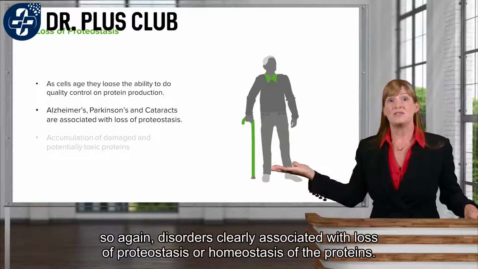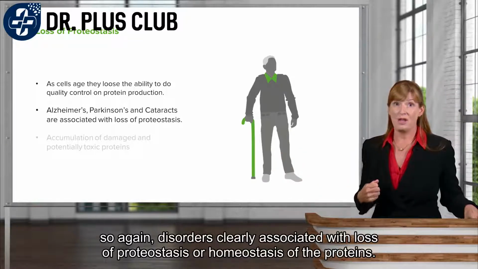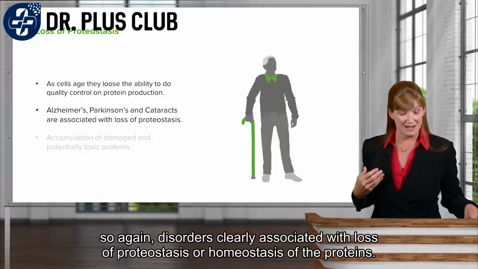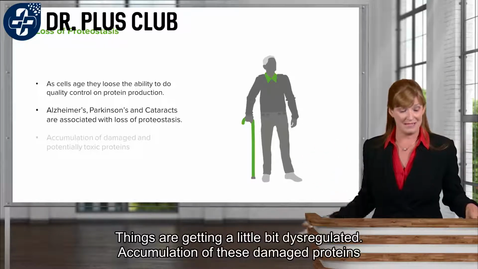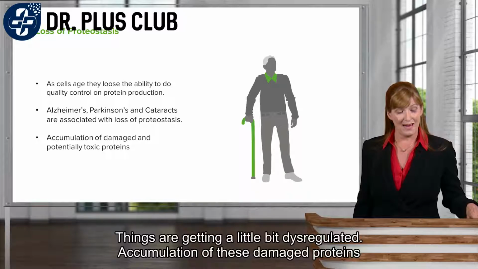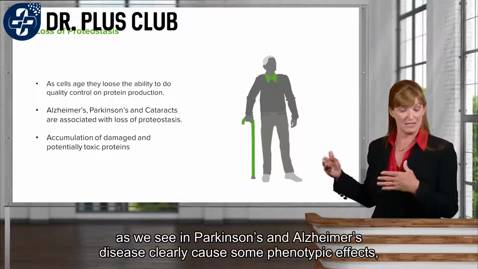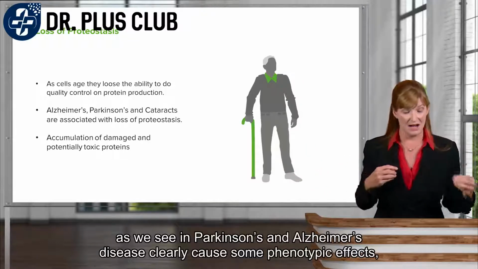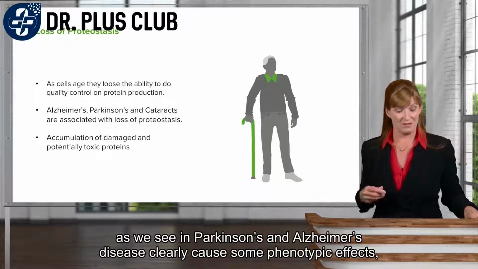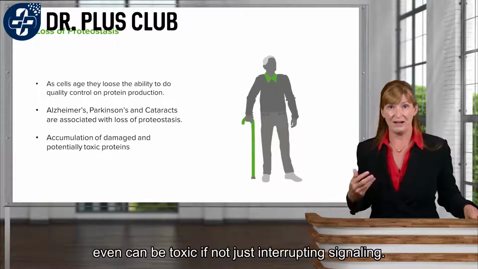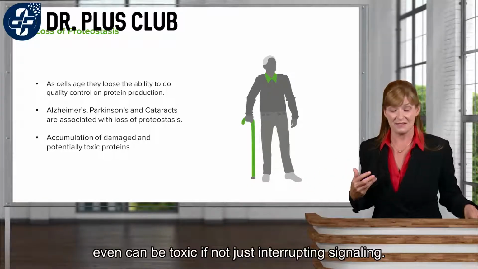So again, disorders clearly associated with loss of proteostasis, or homeostasis of the proteins. Things are getting a little bit dysregulated. So accumulation of these damaged proteins, as we see in Parkinson's and Alzheimer's disease, clearly causes some phenotypic effects, and can be toxic, if not just interrupting signaling.